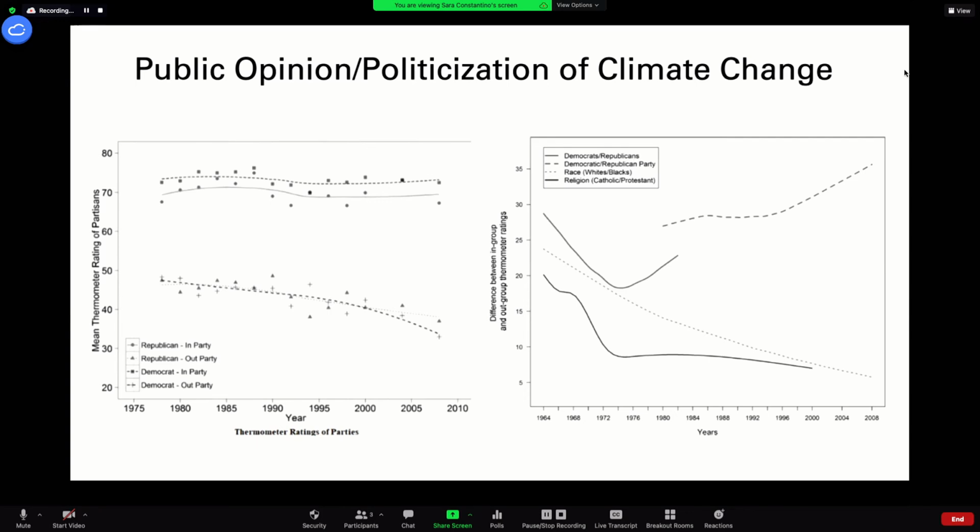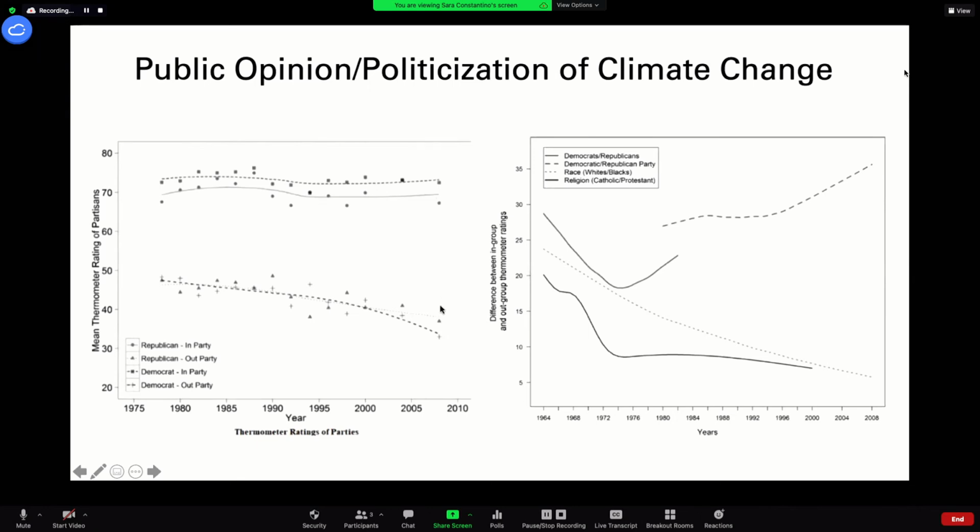There are different versions of the feeling thermometer. And what these studies show is that ratings of your own group, the in-party, tend to be stable over time, but ratings of the out-groups, so how much people dislike people from the other party, have grown over time.